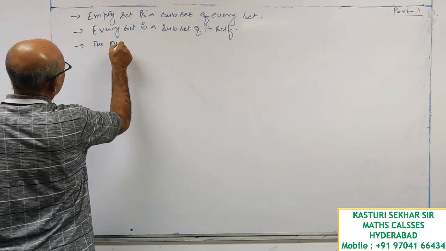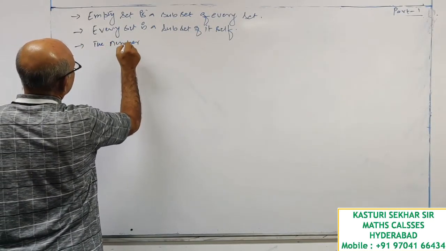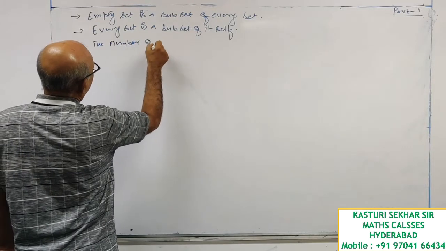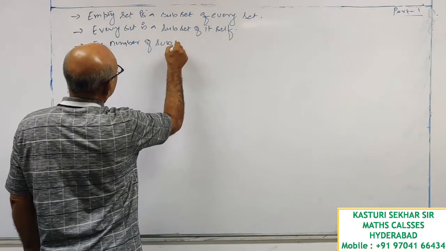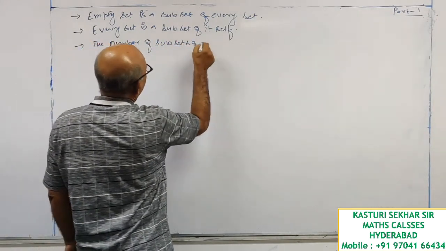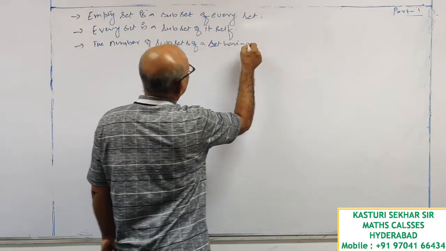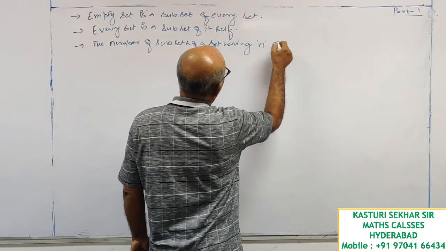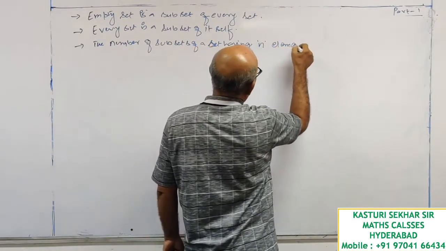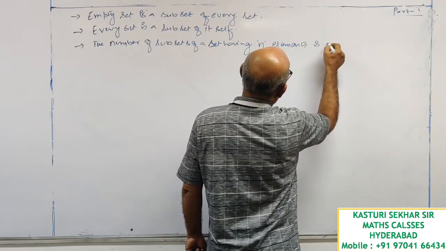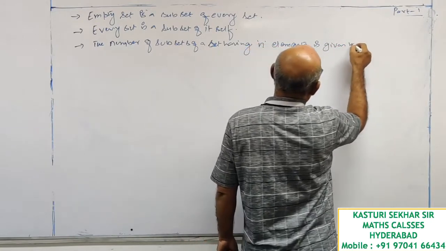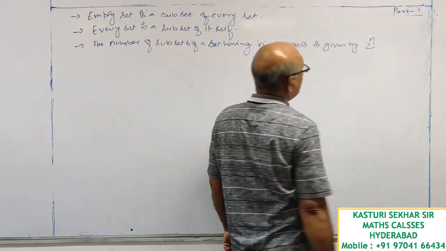The number of subsets of a set having n elements is given by 2 power n.